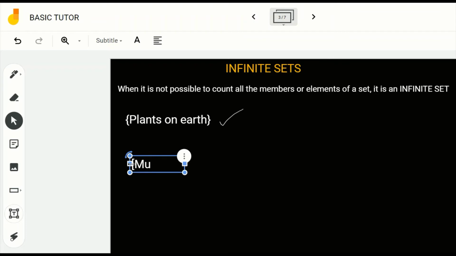Multiples of 3. This is another example of an infinite set.